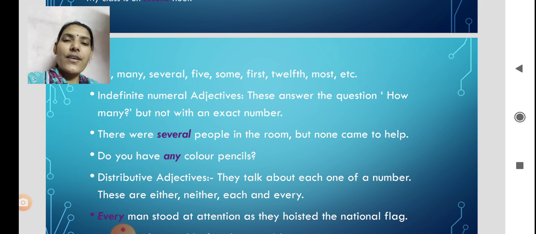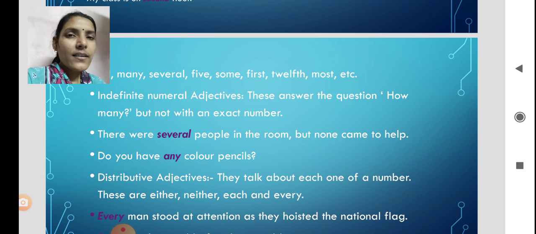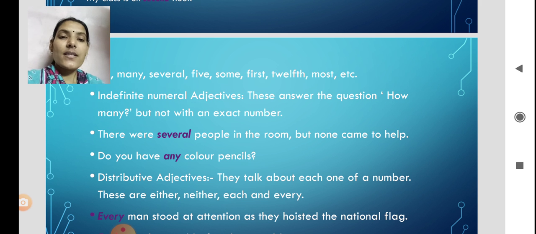Several means many, not 1 or 2 or 3, but many people were there in the room, but no one came to help. Do you have any color pencils? They have not specified any color, but they were asking, do you have any color pencil?